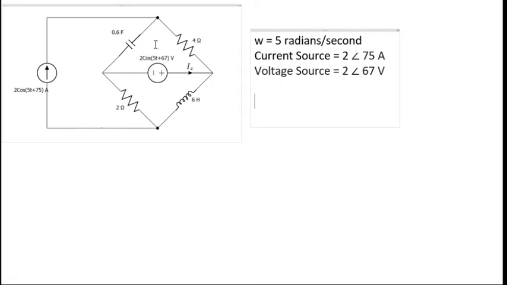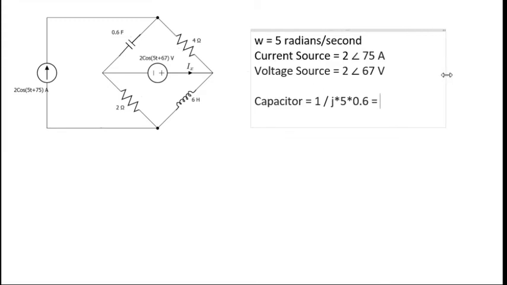And then we have to convert these two, the capacitor and the inductor, into an imaginary form, which will be easier to calculate later on. For the capacitor, we use this formula again, 1 over J times the angular frequency 5, and then the 6.6 farad, and the answer will be minus J 0.33 ohm.